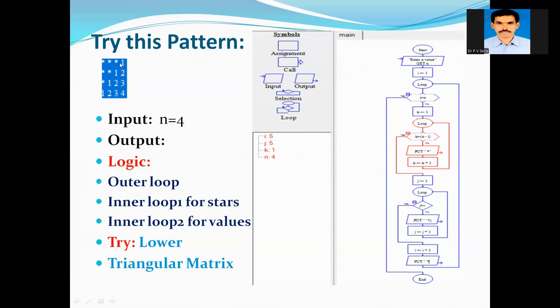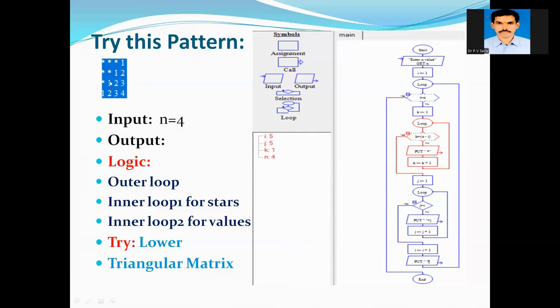If the stars come first, then we are using two inner loops. The first inner loop is for the stars. In place of stars, if you print space, the space will come here. So in order to print the stars, we are using inner loop 1. Next, for these values, we are using inner loop 2, the j inner loop.